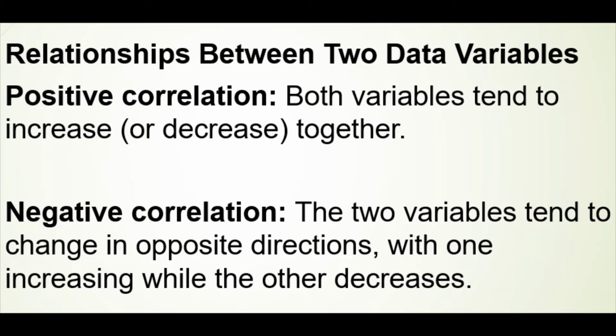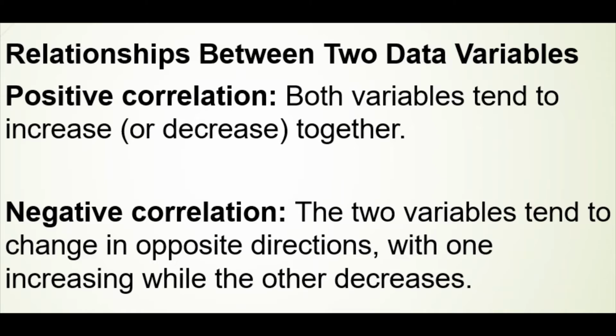So let's talk about the relationship between two data variables. A positive correlation means that both variables tend to increase or decrease together. An example would be height and weight. As your height increases, your weight will tend to increase as well. So that would be a positive correlation.